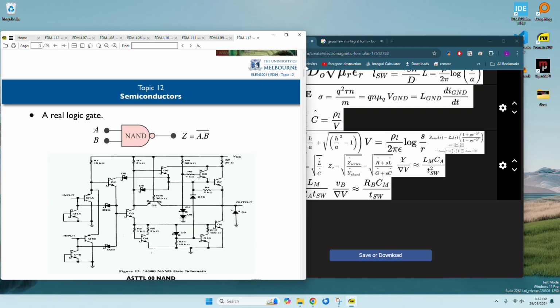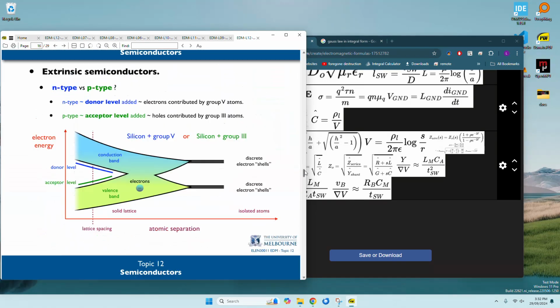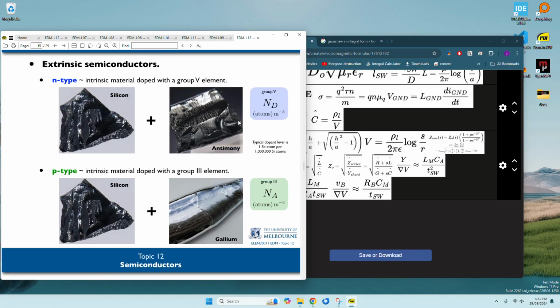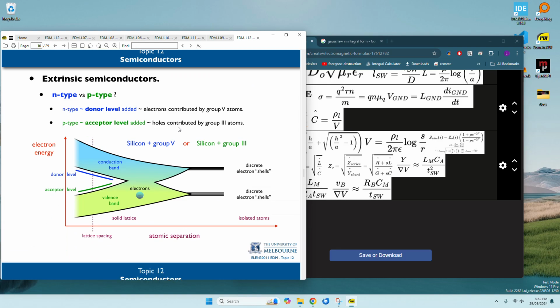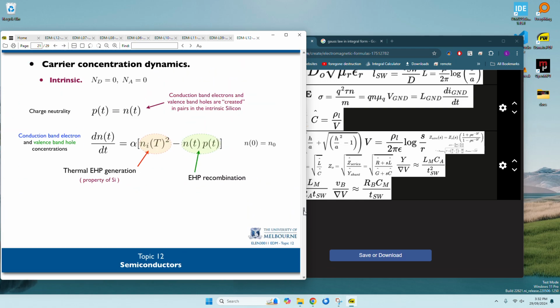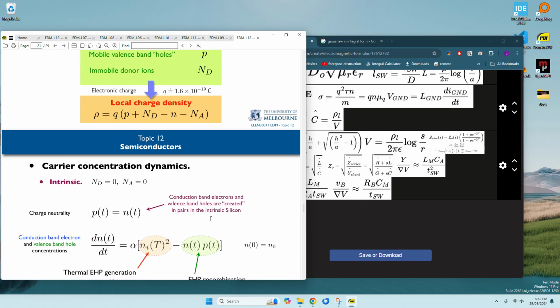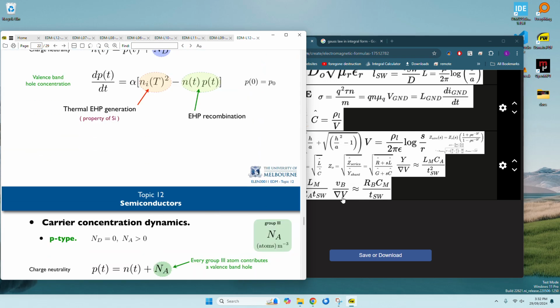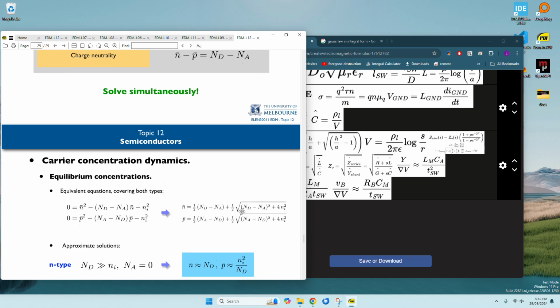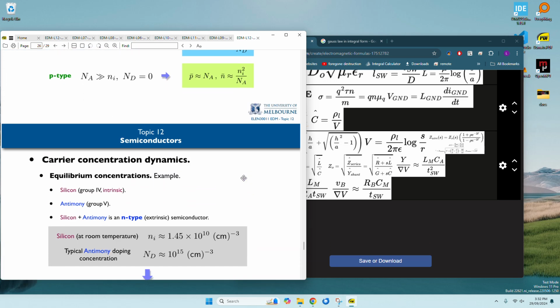Let's get the semiconductor stuff up. That's the chunk of silicon I was talking about. That's the doped one, which is way better. The time constant. It looks like an RC circuit a lot, which is really interesting.